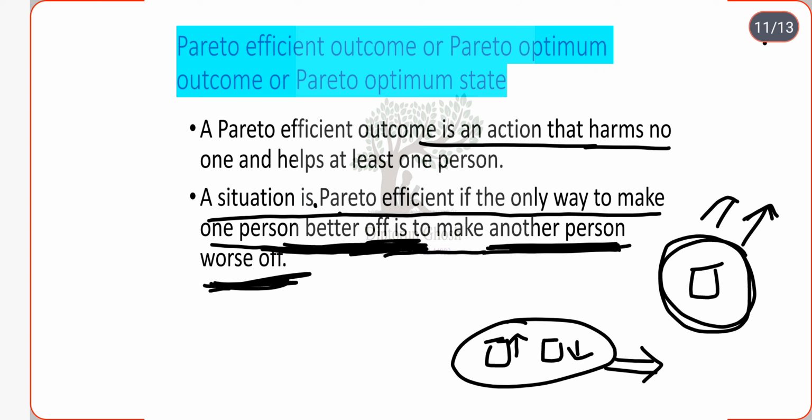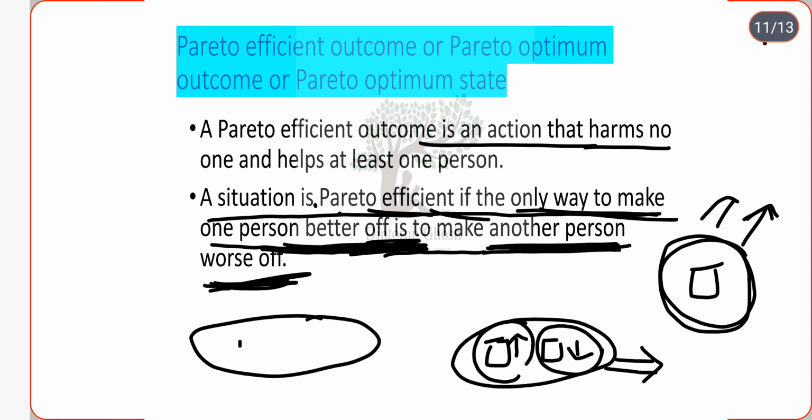So a situation is Pareto efficient if the only way to make one person better off is to make another person worse off, because there is no other way. Suppose there are two persons, person A and person B, and they are in a Pareto efficient allocation.